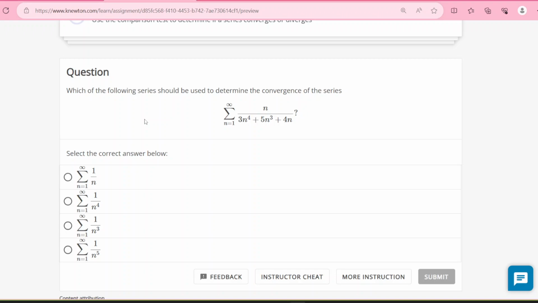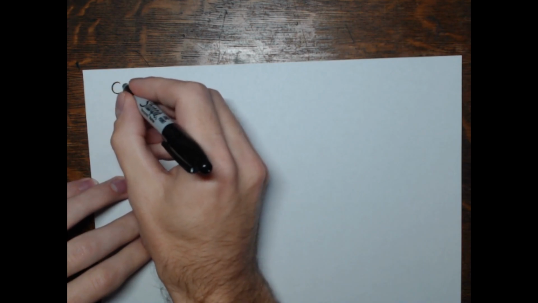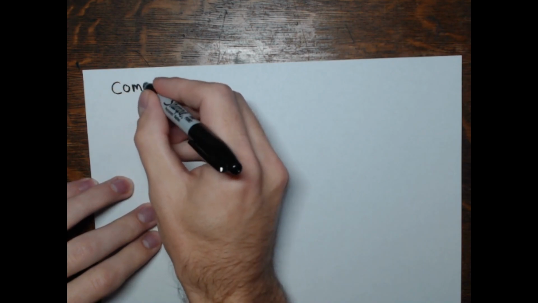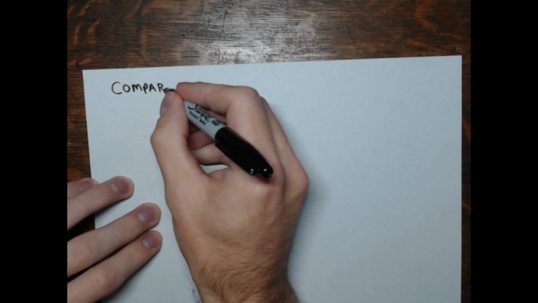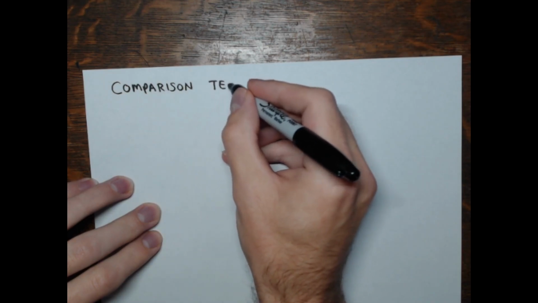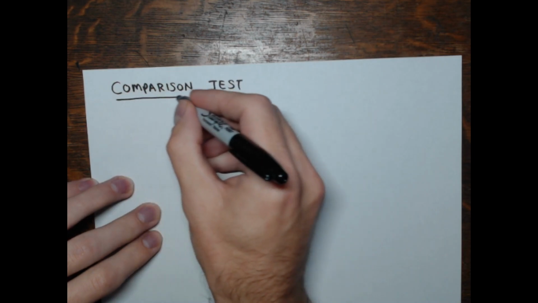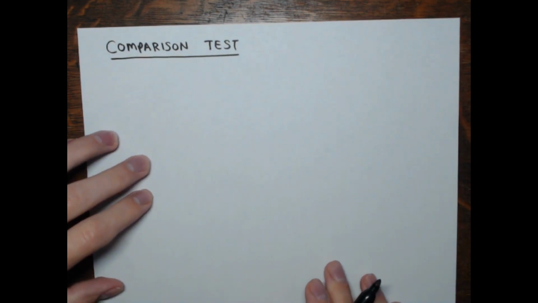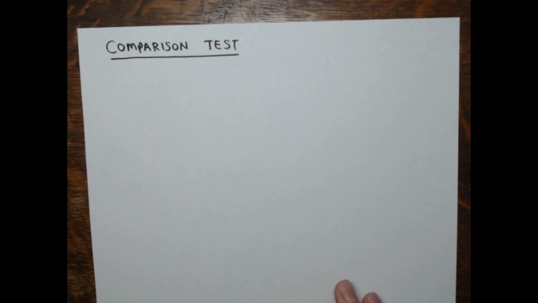So let me write out what the comparison test is, right? Now I've already explained it a little bit in the limit comparison test, but here's just the comparison test for series. So yeah, with limit comparison, you just needed some series with eventually non-negative terms, right?